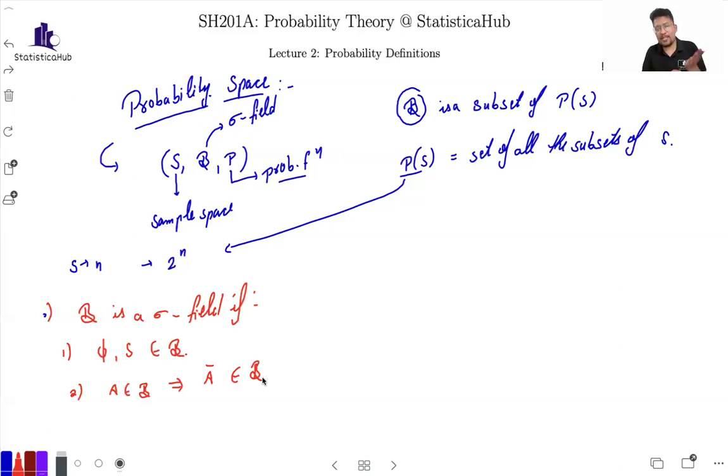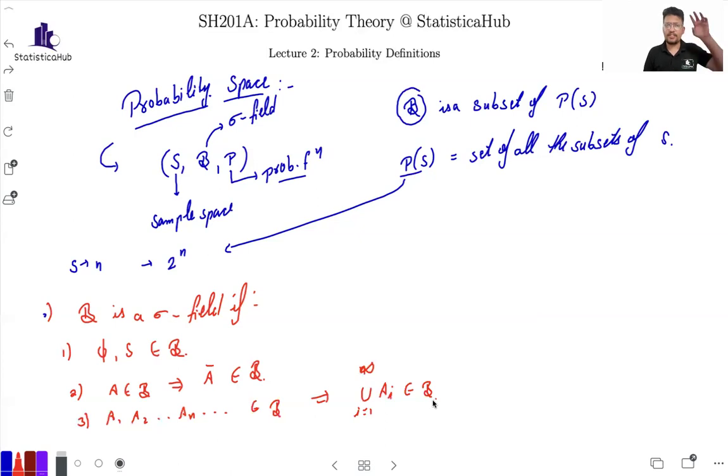If A is passing the exam, A complement means failing the exam, just the opposite. The third property: if events A1, A2, up to An belong to B, this implies their union over Ai, with i running from 1 to n or maybe infinity, must also belong to B, the sigma field. That's how we define the sigma field.